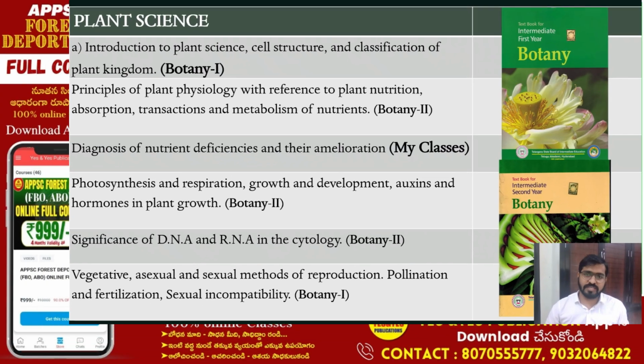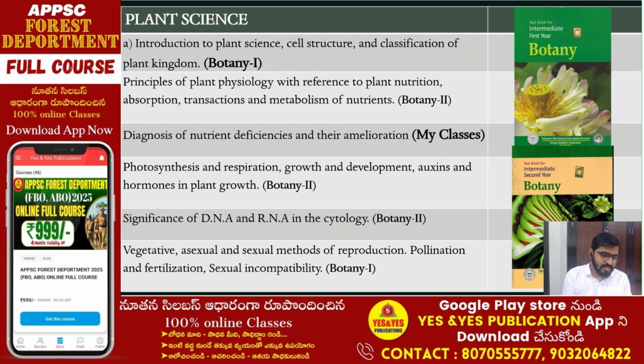Coming to today's syllabus, they have given plant science. We can cover this plant science from intermediate first year botany and even second year botany. Last time when I appeared for the Forest Range Officer exam, many questions came directly from these intermediate botany books.